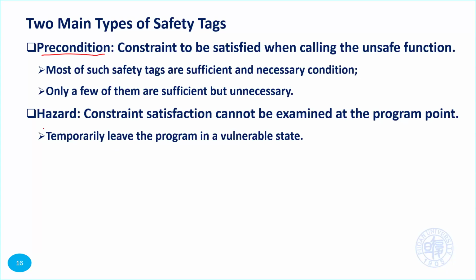The second type is hazard, which means the constraint's satisfaction cannot be checked at the current stage when calling the unsafe function. So it may temporarily leave the program in a vulnerable state, and the hazard should be eliminated.